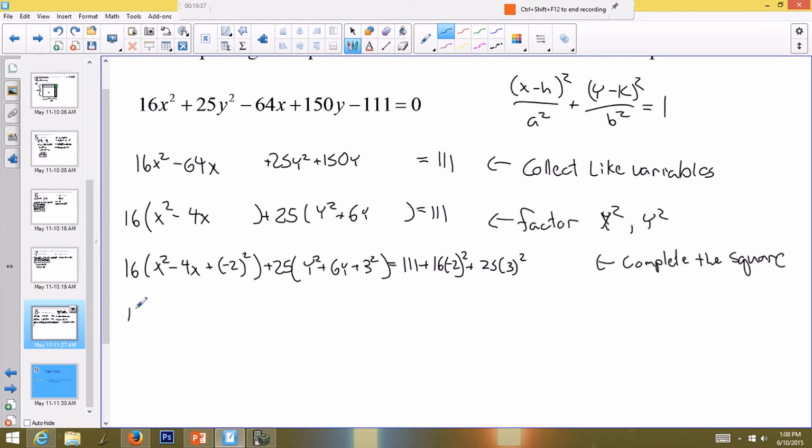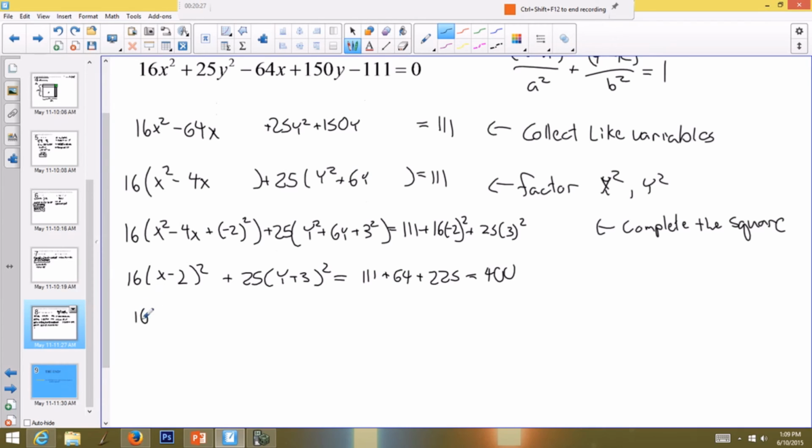Okay, so this becomes 16 times (x minus 2) quantity squared, and this one becomes 25 times (y plus 3) quantity squared, and that's going to equal, well, 2 squared times 16 is 4 times 16, which is 64. 3 squared is 9, times 25 is 225. So 111 plus 64 is 175, and 175 plus 225 is 400.